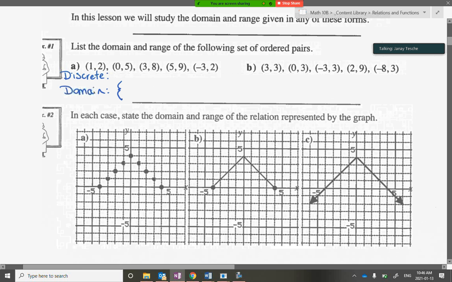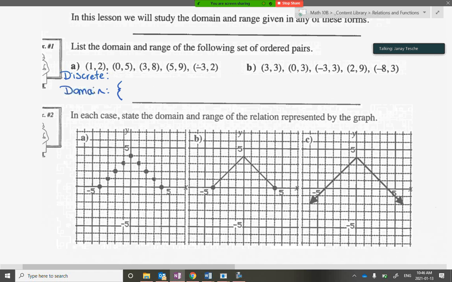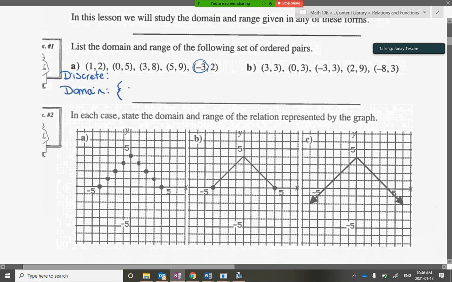You always list them smallest to largest. So I have a -3 here. So I'm going to write -3, 0, 1, 3, and 5. Close your bracket. Discrete data, super easy. So all we've said here basically is the x values are these.